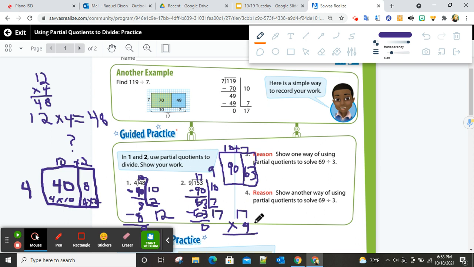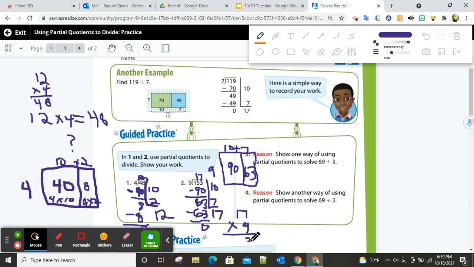17 times 9. Well, 63, 7, oops, let me erase my mistake. And notice how everyone makes mistakes. Teachers make mistakes, students make mistakes, mathematicians make mistakes. So if I make a mistake, I just erase it. And I'm proud of myself for noticing it. So 7 times 9 is 63.